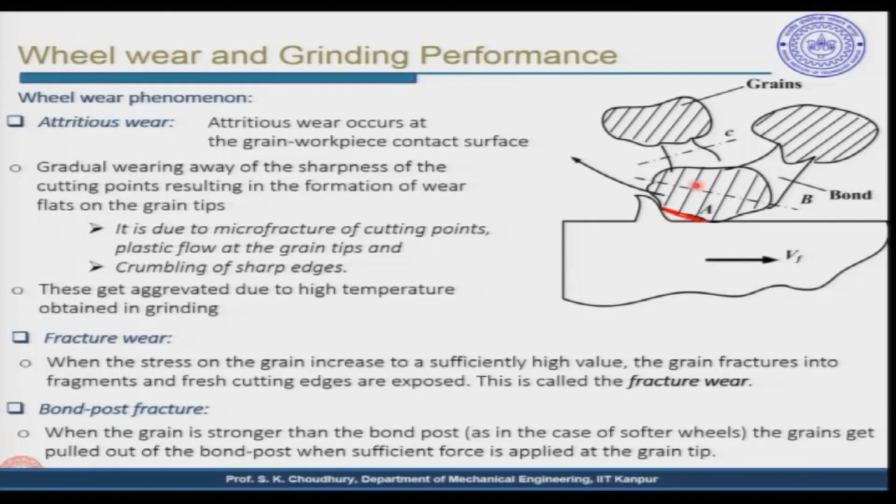The grain does not break along a straight line, it can break giving different edges, and those edges will be the sharp edges and they will take part in the material removal process. So, these are the three wears. First is the AA, which is called the attritious wear, BB is called the fracture wear, and CC is the bond post fracture. This is how the fracture in the grinding wheel takes place.